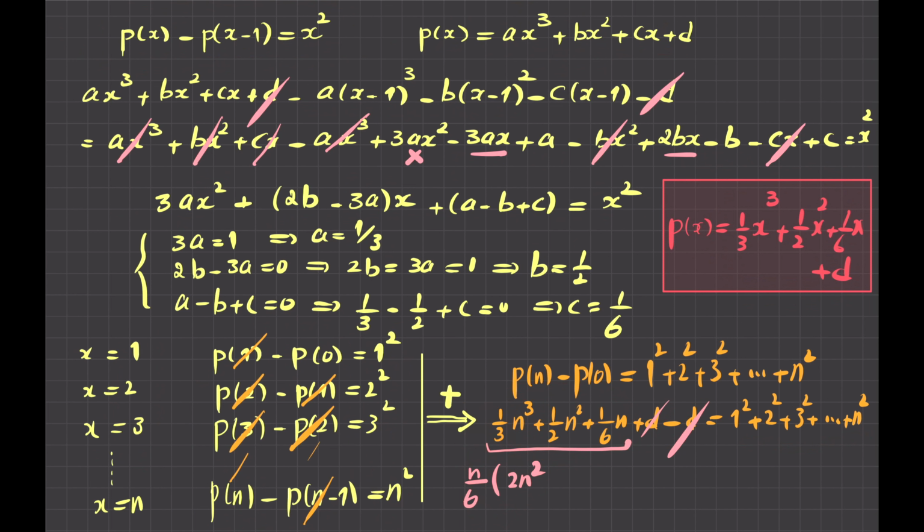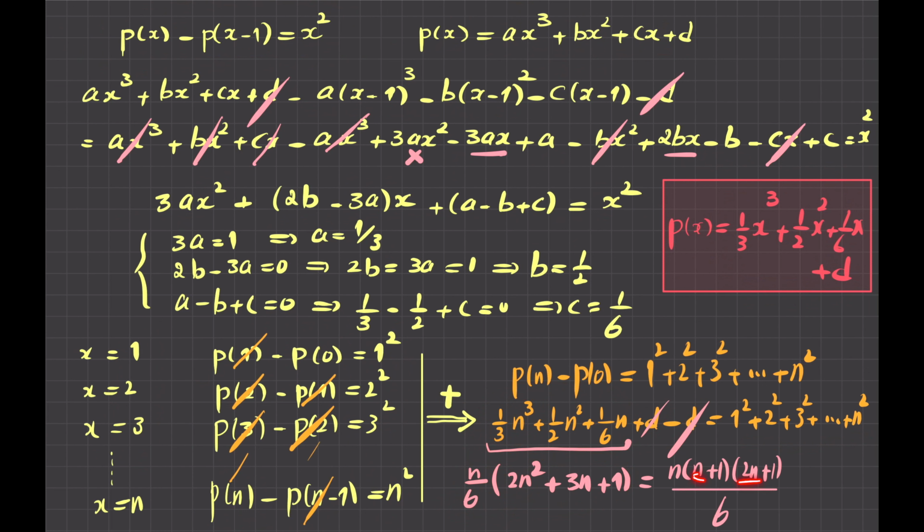So that's correct. The next term will be 3n, and the final term will be 1. But it is extremely easy to see that this expression can be factorized to n plus 1 times 2n plus 1 divided by 6.